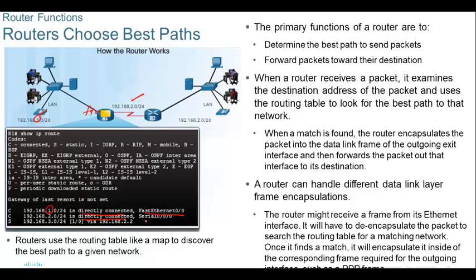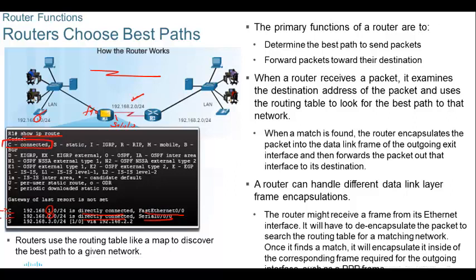Serial 0/0/0, it is the second network. So 1 and 2 are directly connected. C means connected. This is the output of a routing table, show ip route. When you type show ip route, you will see this type of output. C means connected. You see here, C, C. What is S? S means statically configured route. Where is the S? Here, static.